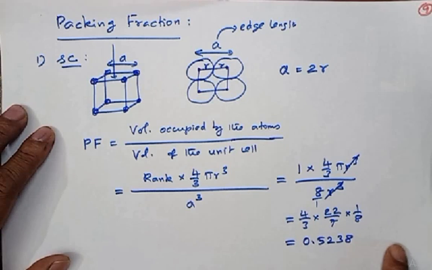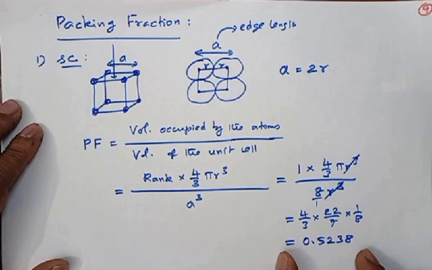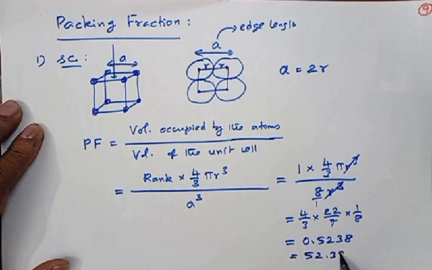Actually, it is going after 8. We have 0.5238 and something, but after the decimal point, if you take 4 digits, that is sufficient. So this is the packing fraction for simple cubic. Or in percentage, we can say it is 52.38%.